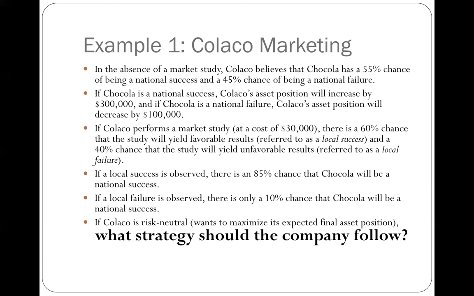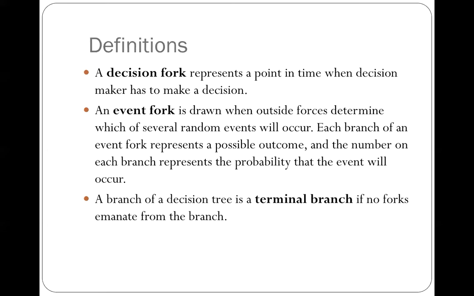So the question is, which one of these alternatives that this company has in front of them is a good decision to make? Before we go ahead and see how a decision tree can work on this problem, let's go through a set of definitions that we will use.